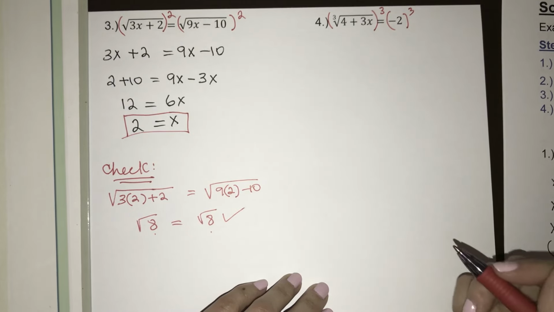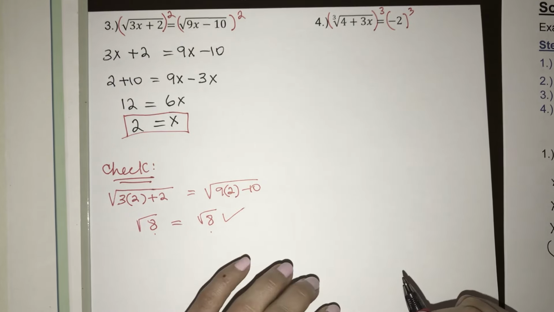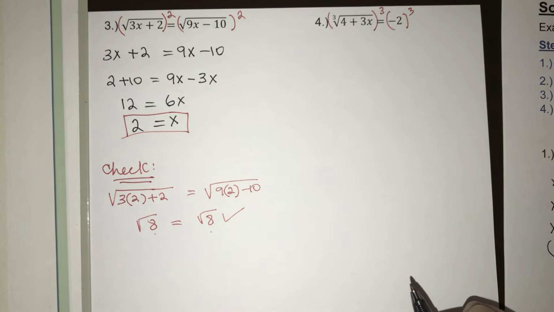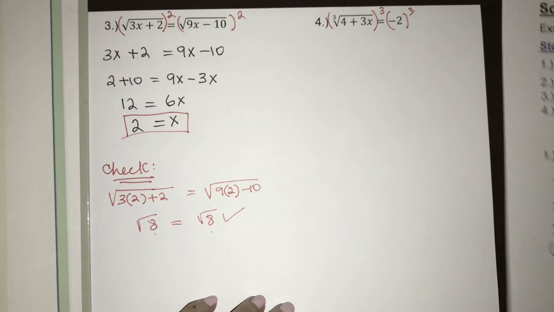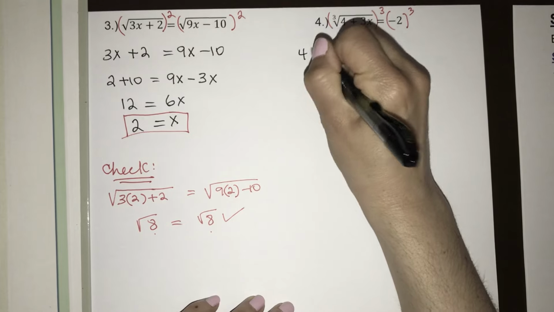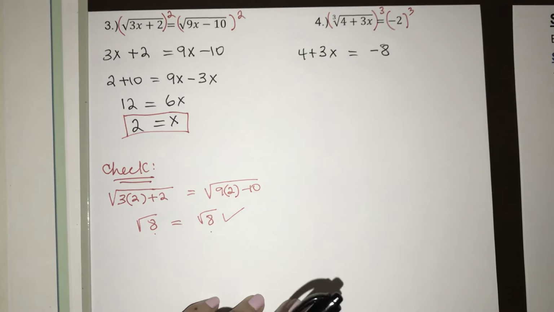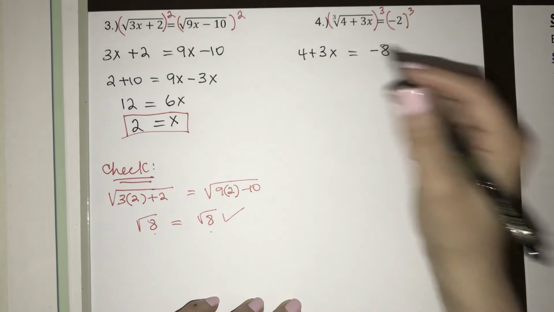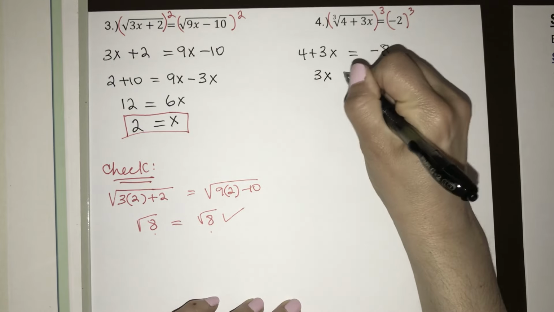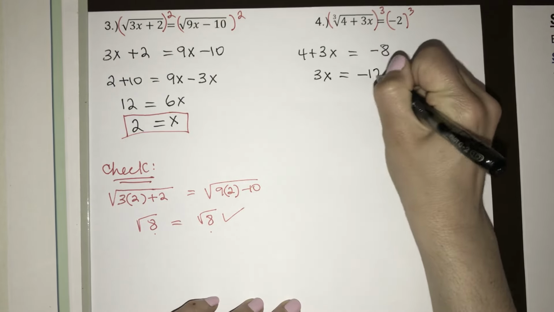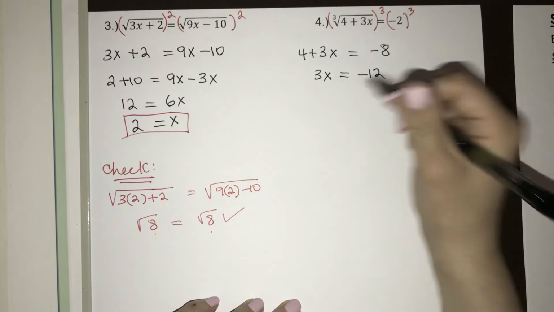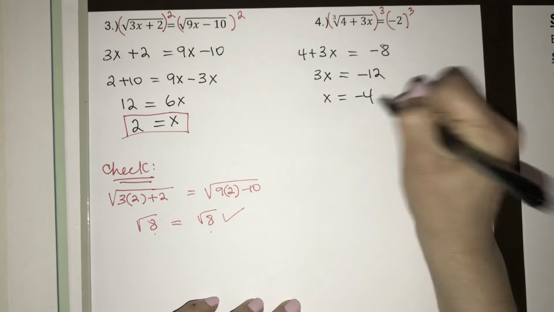When you cube a cube root, same idea as squaring a square root, the cube root goes away. Solve for x, and we get that x is equal to -4.